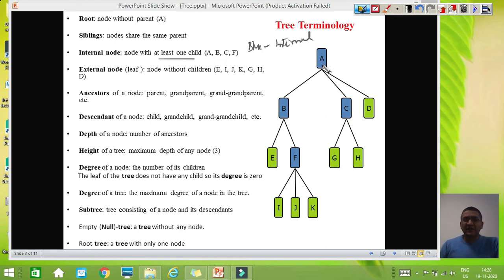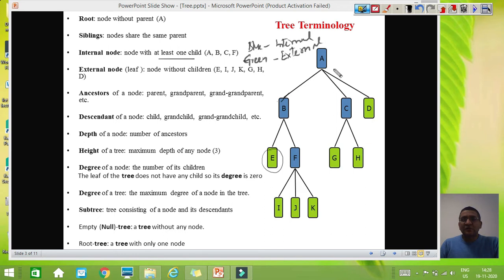If you look at A, here we have three children, which means it has at least one child. But this node does not have any child, and this node does not have any child. So all these green colored nodes are not internal nodes, but A, B, C and F are internal nodes, and the green colored nodes in this diagram are external nodes.